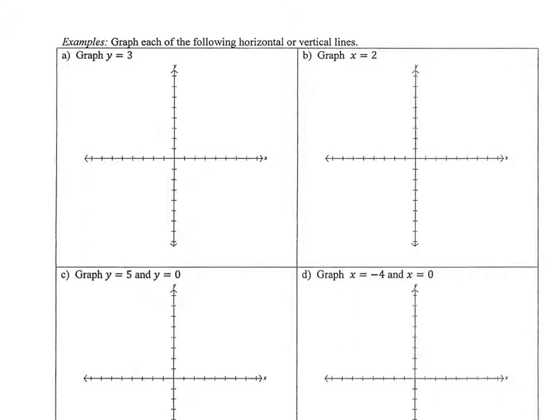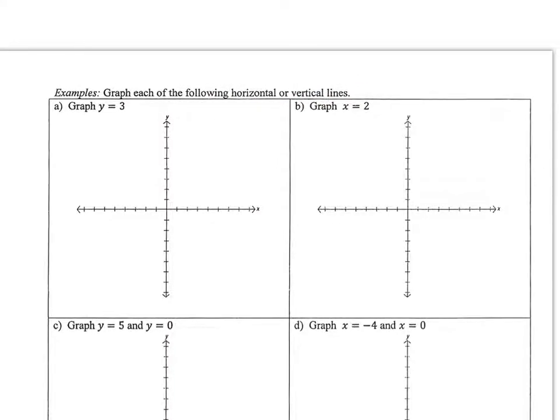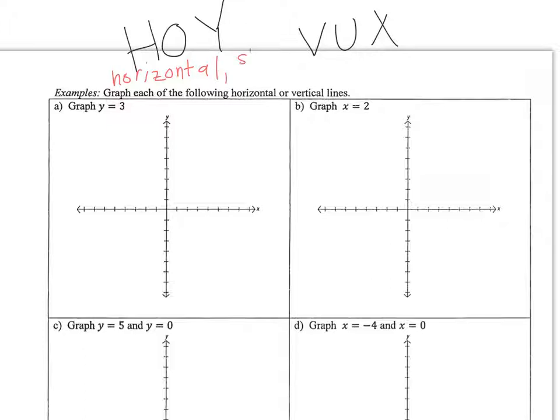So graph each of the following horizontal and vertical lines. One way that you can remember horizontal and vertical lines is the mnemonic HOY VUX. HOY stands for horizontal line, and it has a slope that's 0.